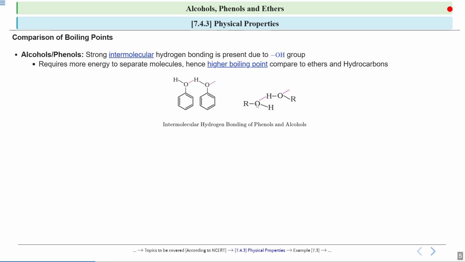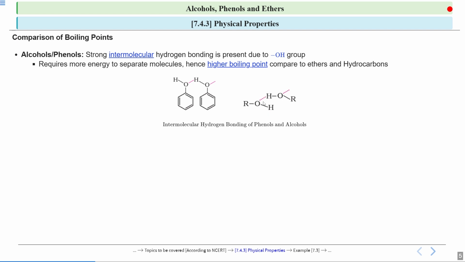Because this oxygen has a partial negative charge, and this hydrogen has a partial positive charge, this oxygen will withdraw the electron density from this hydrogen. So this red dotted line shows you the hydrogen bonding. Intermolecular hydrogen bonding. Intermolecular, why?